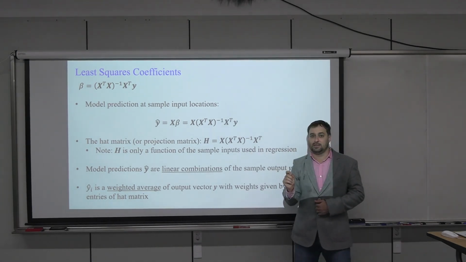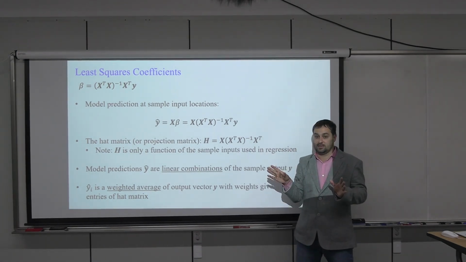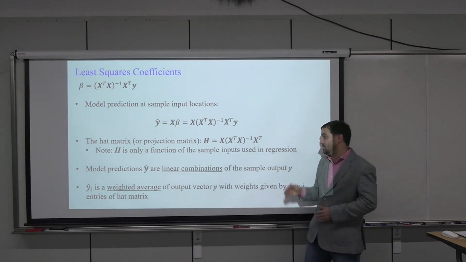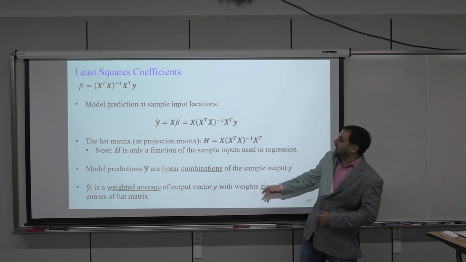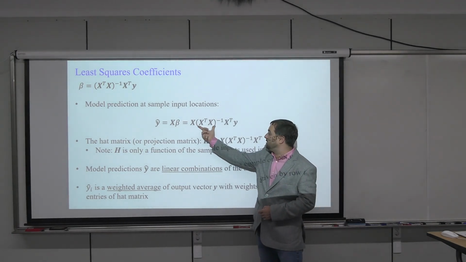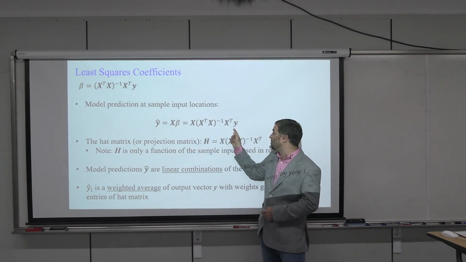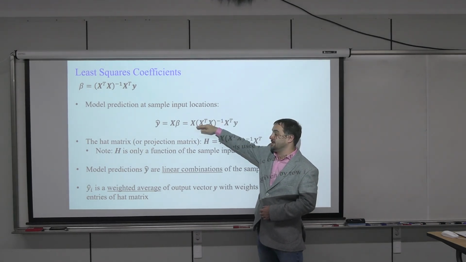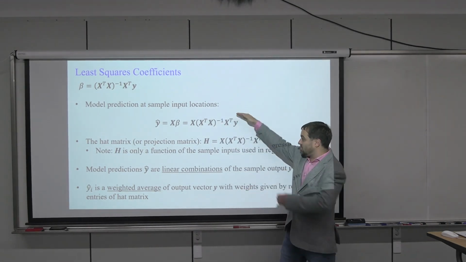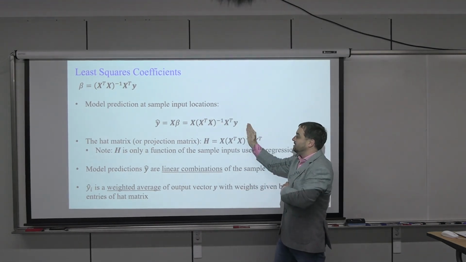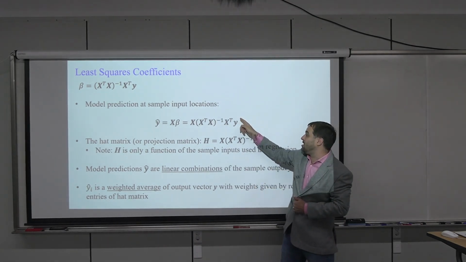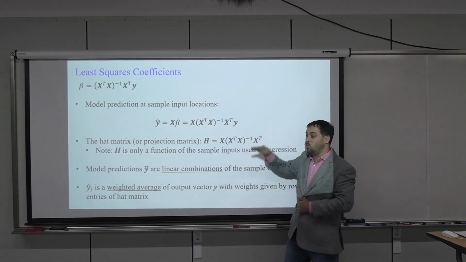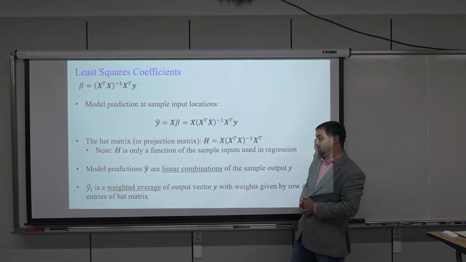So the hat matrix is independent of the output values Y. If you look at this matrix, you have a column vector of Y's being multiplied by it, and in vector and matrix math, it's the dot product of the vector Y with each row of the hat matrix.